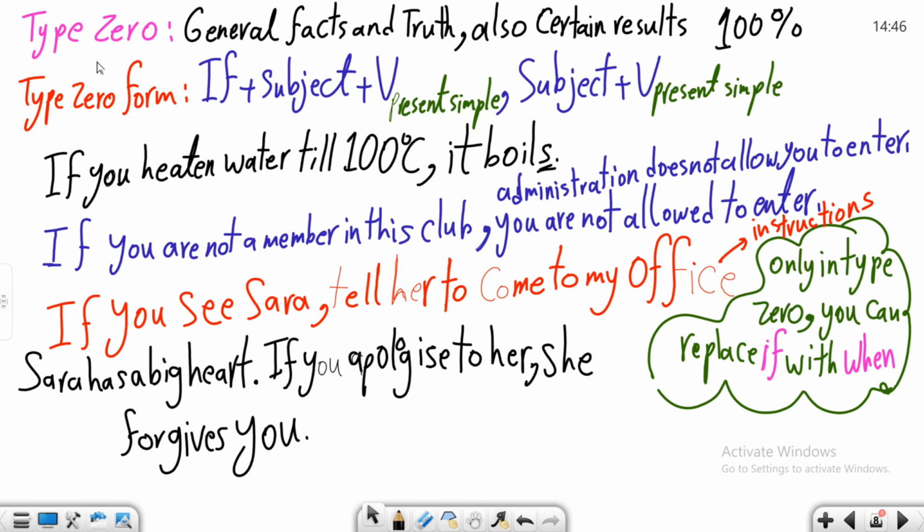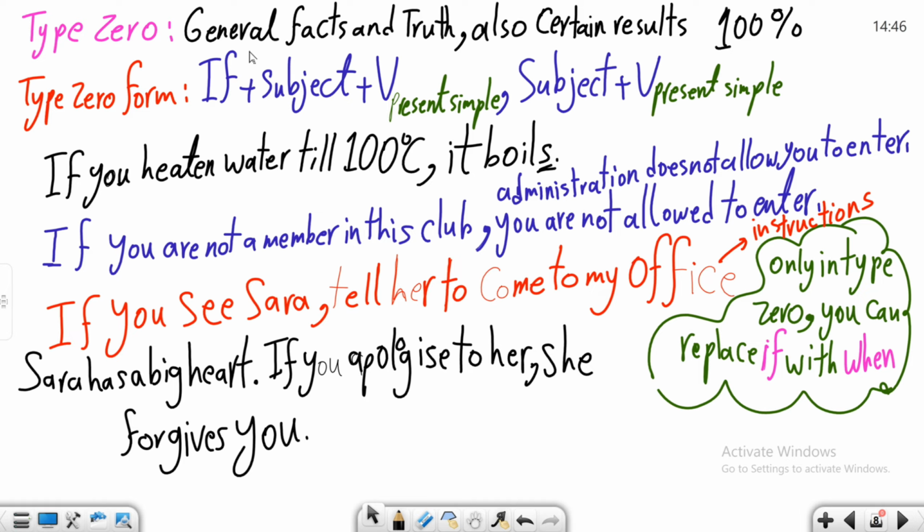The first type is called type 0. The form is if, subject, then verb in present simple, then we have this comma, and then subject plus present simple. So present simple is the tense used in both the if clause and the main clause.